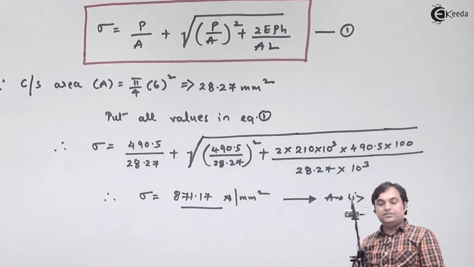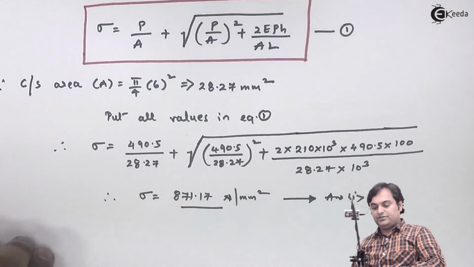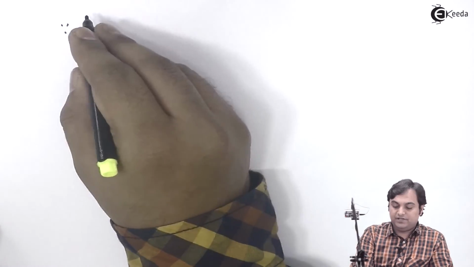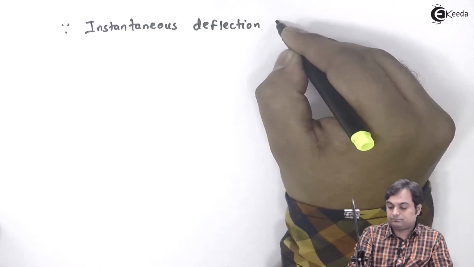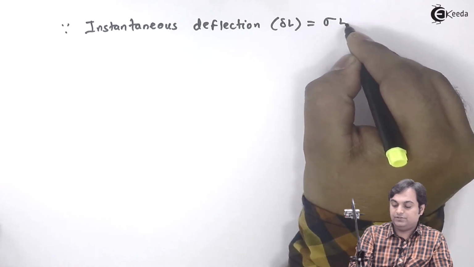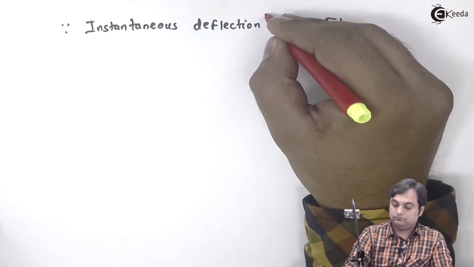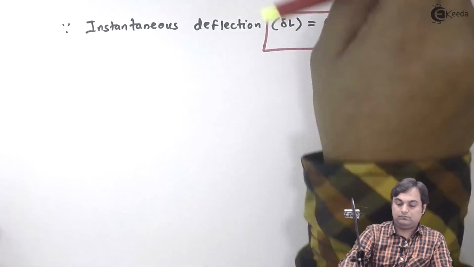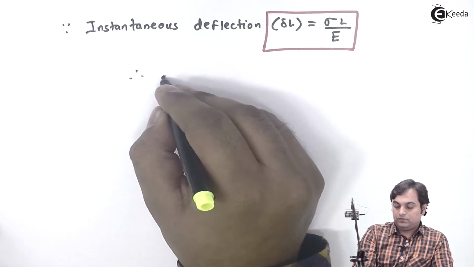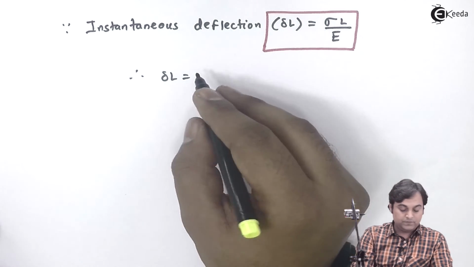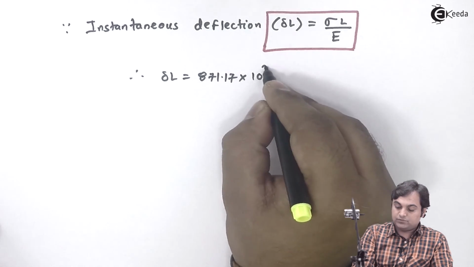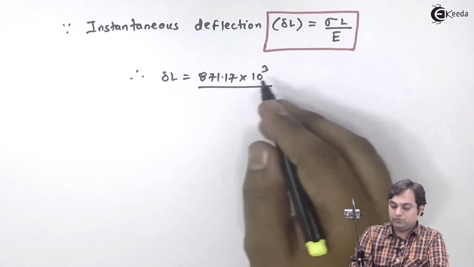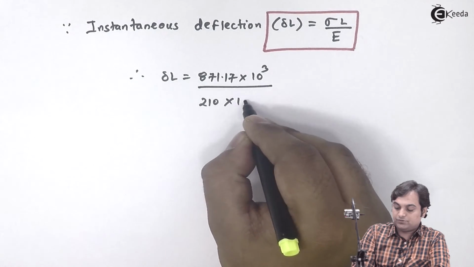And the second question is to calculate instantaneous deflection. Since instantaneous deflection delta L is equal to stress into L upon E, therefore deflection is equal to stress 871.17, length 1000, Young's modulus 210 into 10 raised to 3.